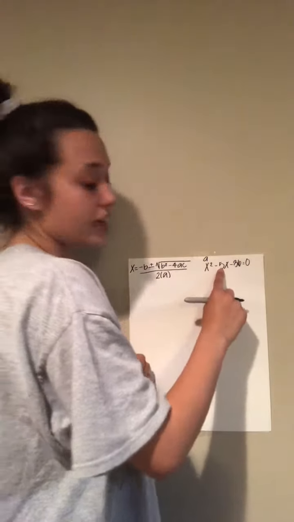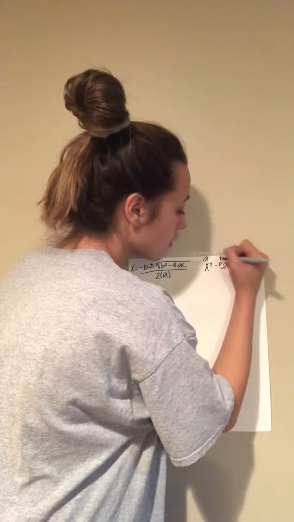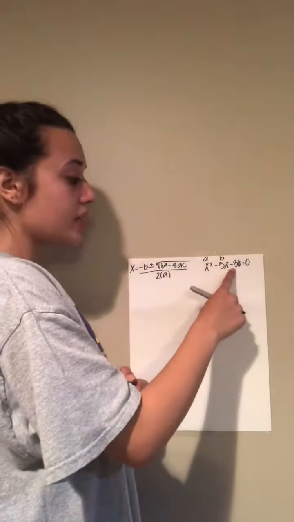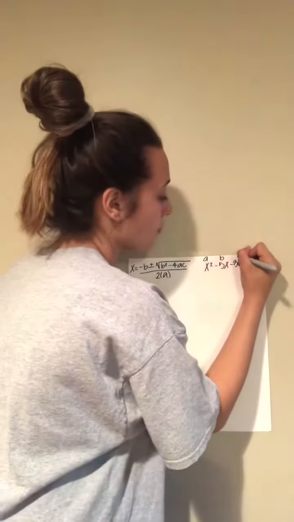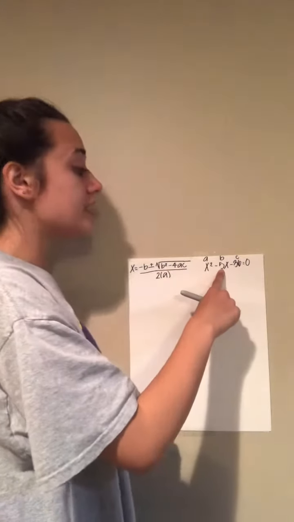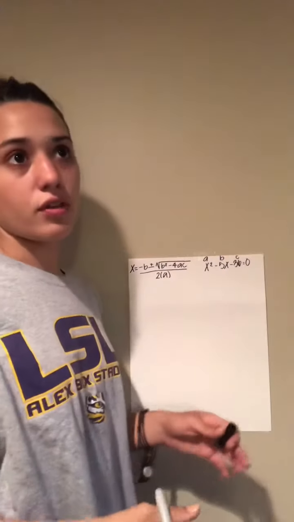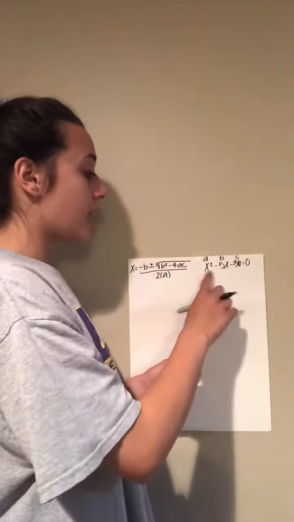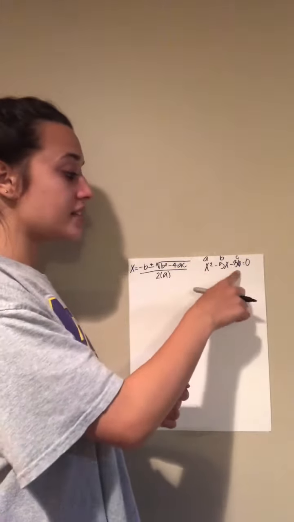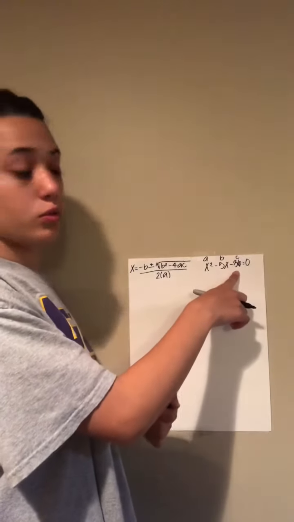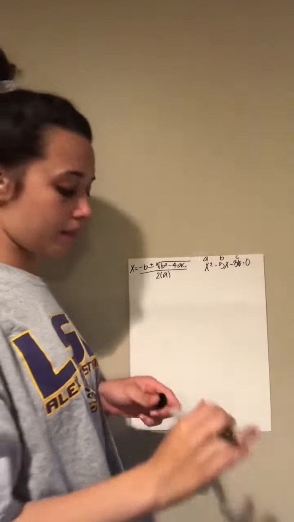B is negative 5, and c is negative 36. Excuse me, b is negative 5x, not negative 5. So a and b both have variables, and c never has a variable. So that's how I remember that.